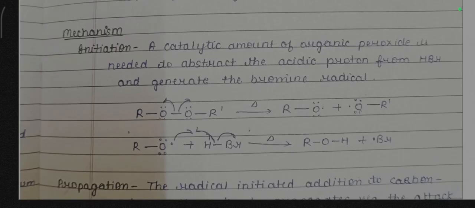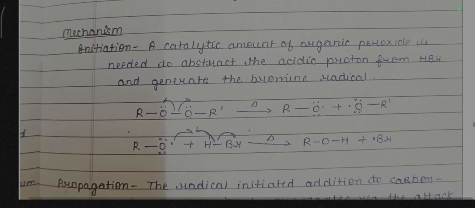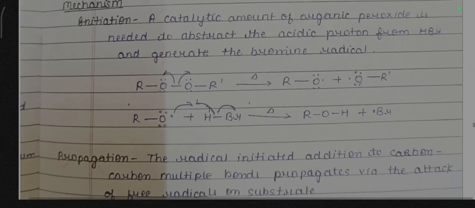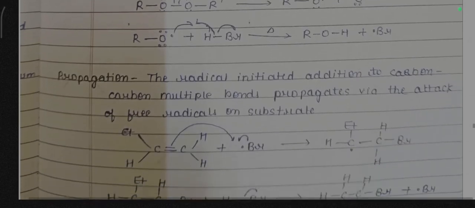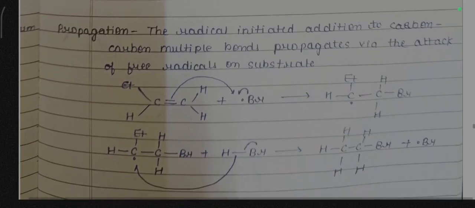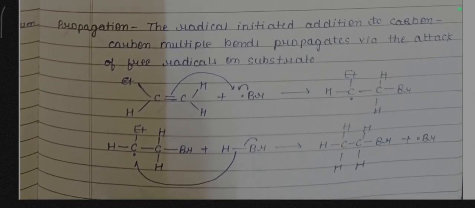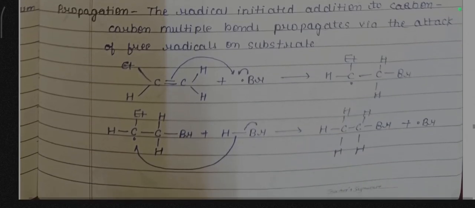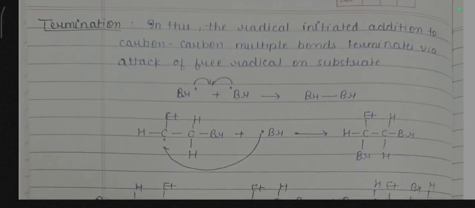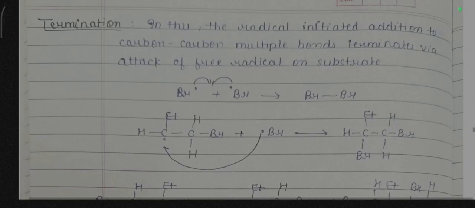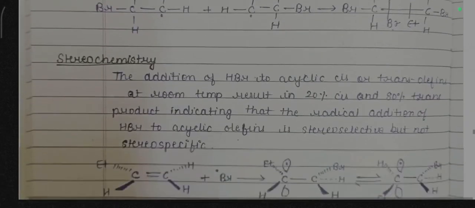Mechanism, initiation: a catalytic amount of organic peroxide is needed to abstract the acidic proton from HBr and generate the bromine radical. Propagation: the radical initiated addition to carbon-carbon multiple bonds propagates via the attack of free radicals on the substrate. Termination: in this, the radical initiated addition to the carbon-carbon multiple bonds terminates via the attacking of free radicals on the substrate.